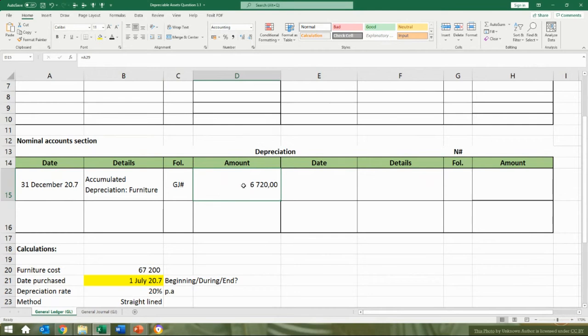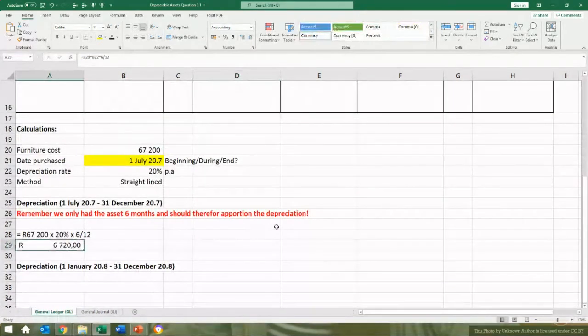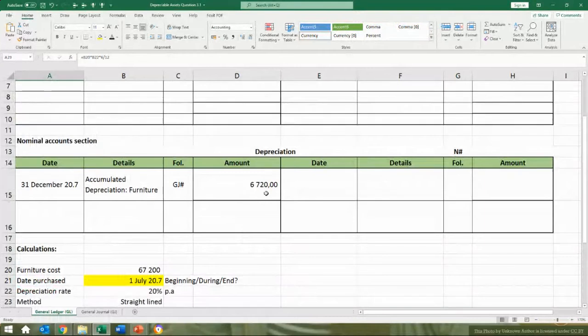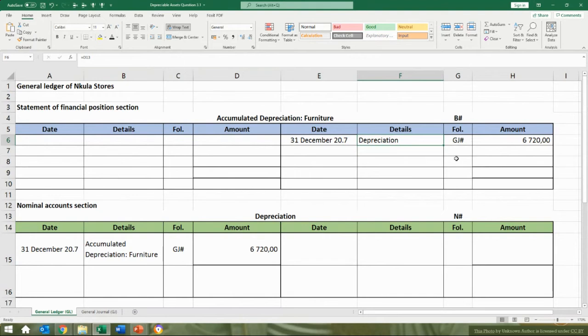So then we account for the amount we've calculated here, which is the 6,720. Okay, so that's step one. Now, because we've debited depreciation, I need to go credit accumulated depreciation for exactly the same amount. Okay, so that is year one.